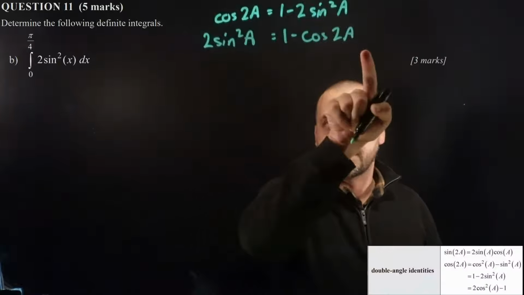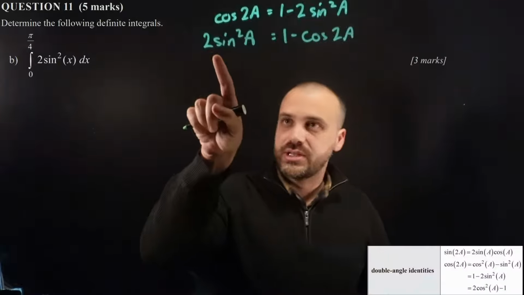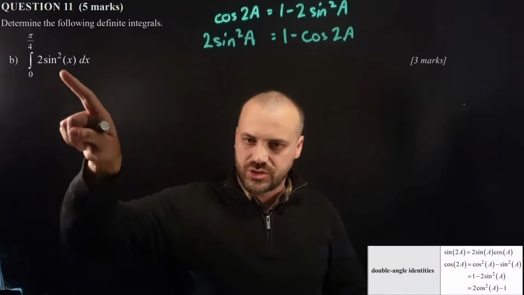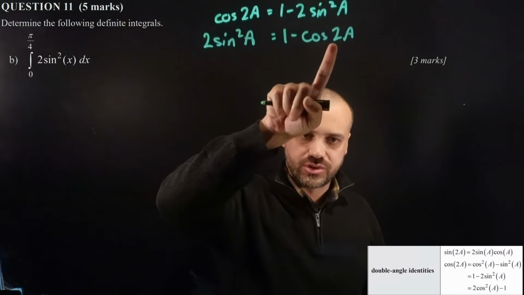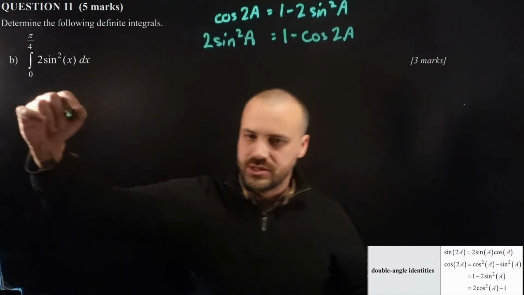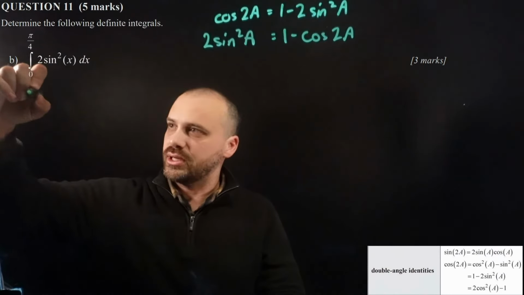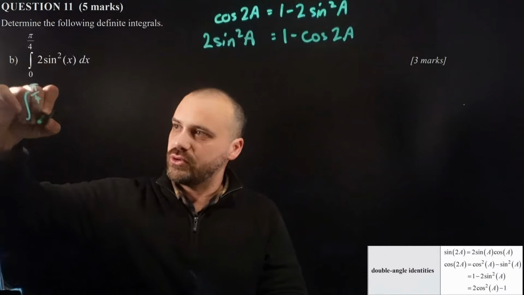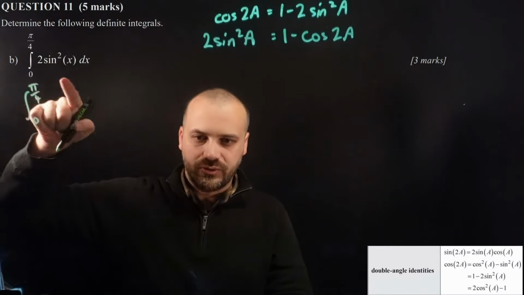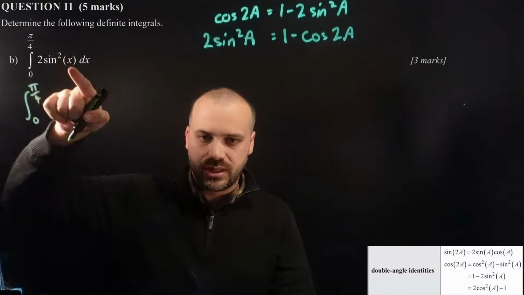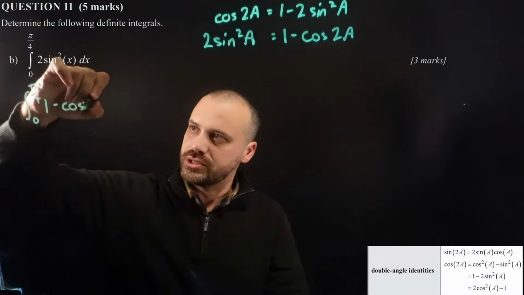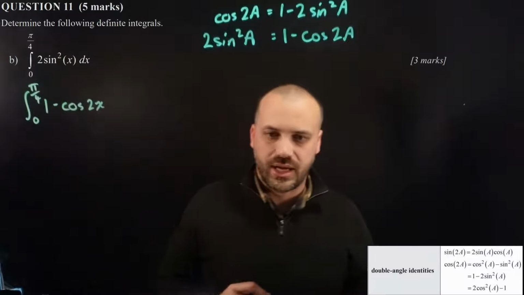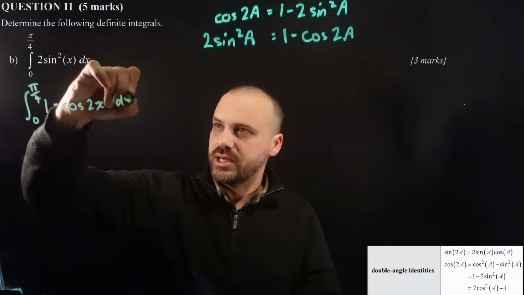Now this is a useful formula because now I can substitute this 2 sine squared x for 1 minus cos 2x. So let's write that. We're going the integral between pi on 4 and 0 of not 2 sine squared x, but 1 minus cos 2x with respect to x.